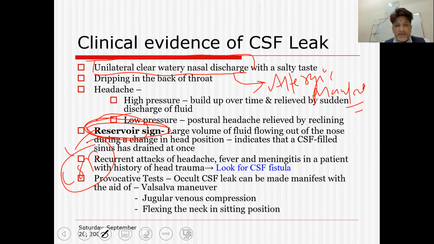You have to recommend some diagnostic tool in the form of CT scan, myelography, or MRI. All these tests have certain advantages and disadvantages attached to them. Most commonly, because the nasal cavity is surrounded by bone, they have a hyperintense shadow of the CSF in the CT scan.